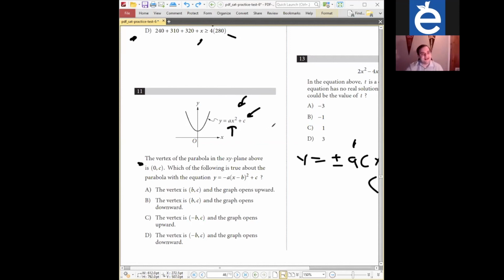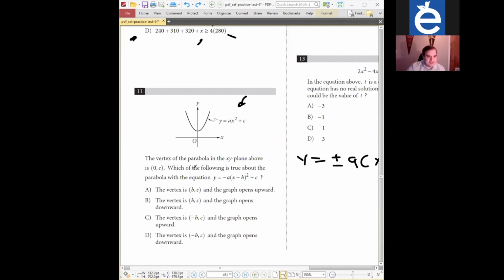But that is not an issue here. I understand what I just said was probably very confusing. Does anyone have any questions on that? All right, then. So now we know a is positive and we know c is positive, right?